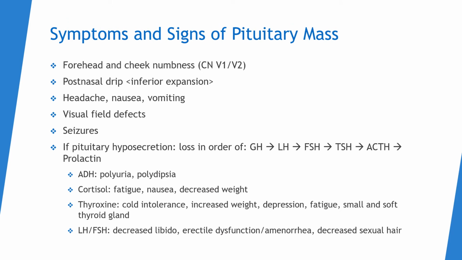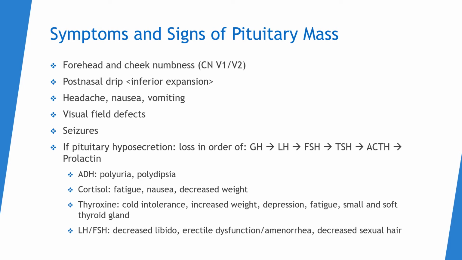Other symptoms and signs include forehead and cheek numbness, as the branches of the trigeminal nerve are affected. Inferior expansion may trigger postnasal drip, headache, nausea, vomiting, and seizures, and visual field defects can occur.